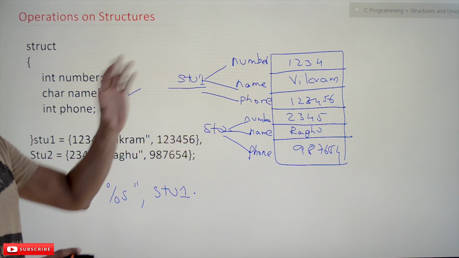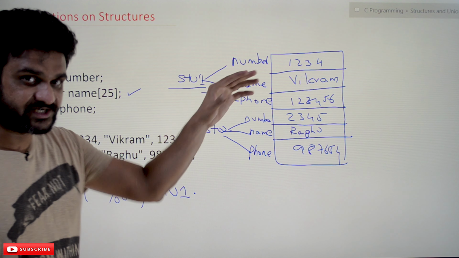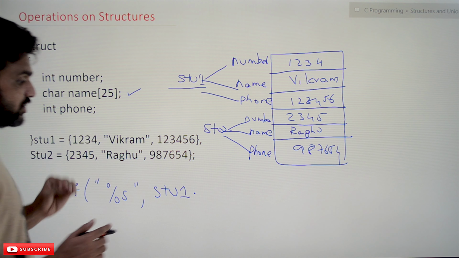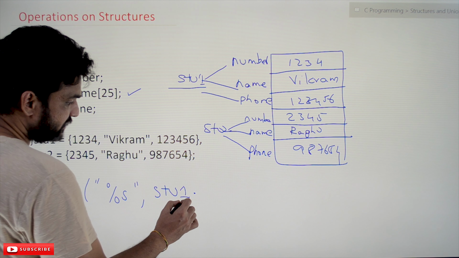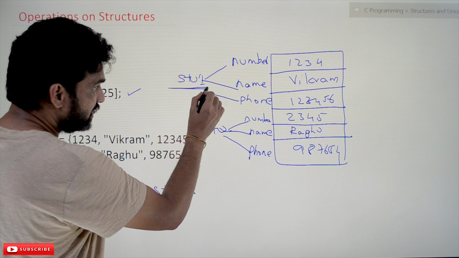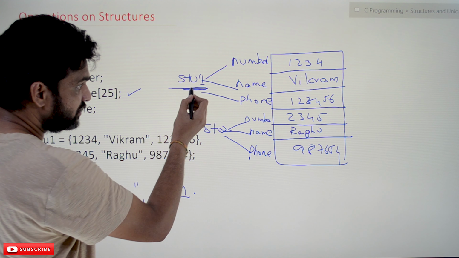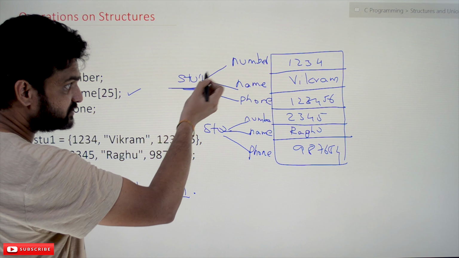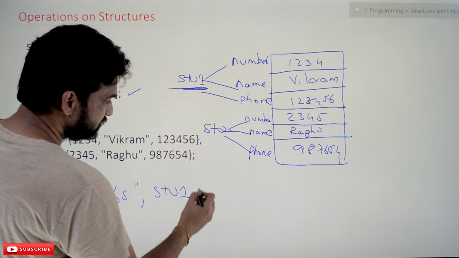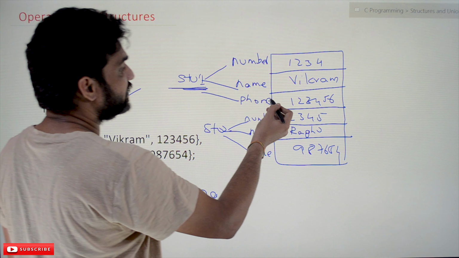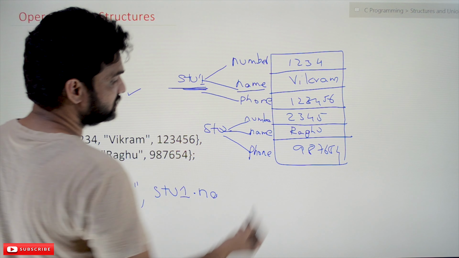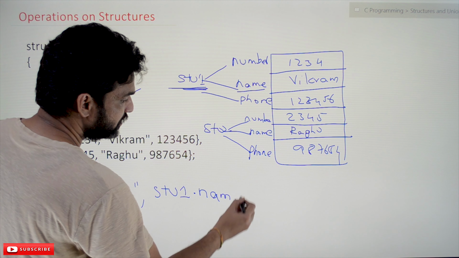Please check once where that dot operator is and what the precedence of the dot operator is. So stu1 is the variable for which we want to access the member. Dot name: which member we would like to access? We want to access the member name.